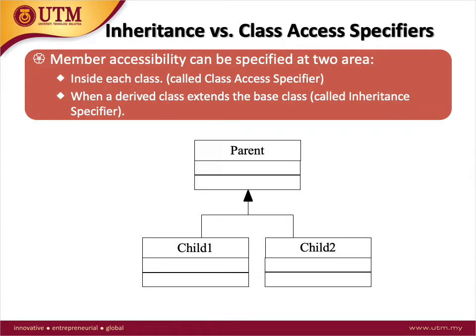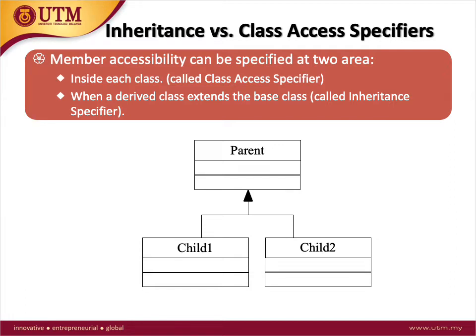For this part, you have the member accessibility, which covers two areas: inside the class and the derived class. When we want to access a member inside the class, we call it the class access specifier.